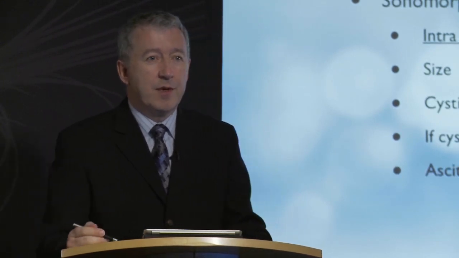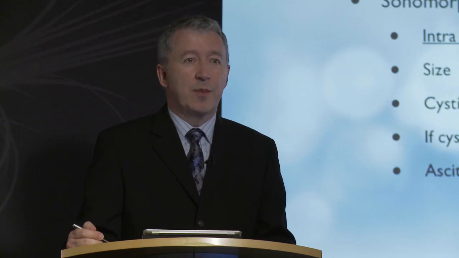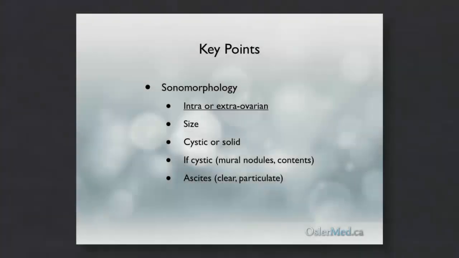The second set of key points relate to the sonomorphology. And the most important point here is deciding or establishing if the mass is arising from the ovary or is it arising outside the ovary. The size of the mass is also of some value. Is it cystic or solid?